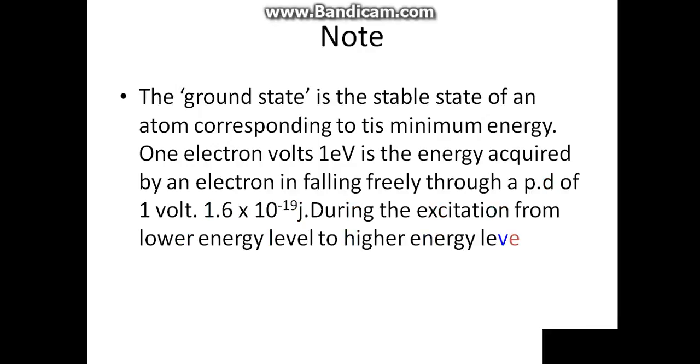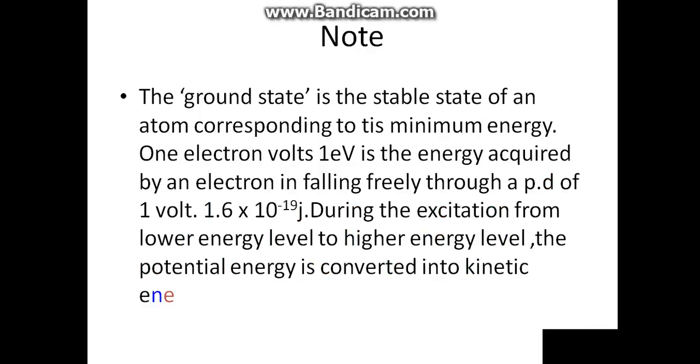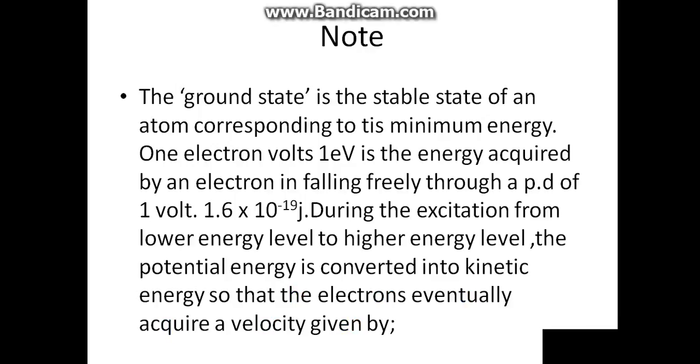1 electron volt, 1 eV, is the energy acquired by an electron in falling freely through a potential difference of 1 volt, which is 1.6 times 10 raised to the power minus 19 joule. During excitation from a lower energy level to a higher energy level, potential energy is converted into kinetic energy.